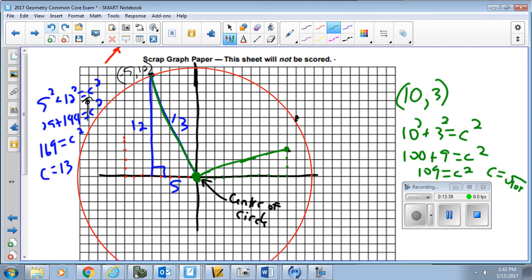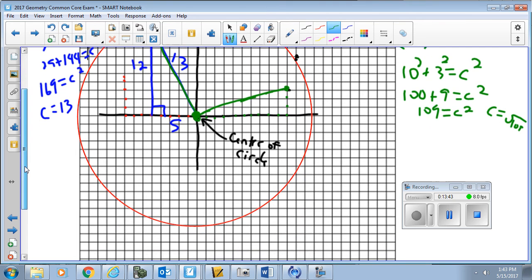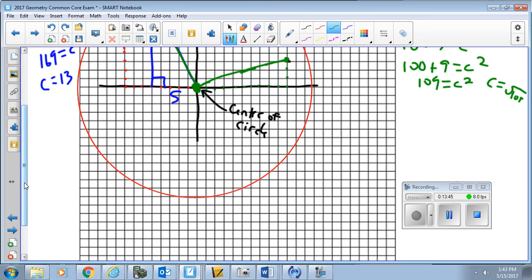Now, we check the third one. Let's just take the third one that is our answer, just for the sake of time. We have 11, and then we have 2 radical 12. If I were to graph that and make my triangle, I'd say, okay, 11 squared plus (2 radical 12) squared is equal to c squared.